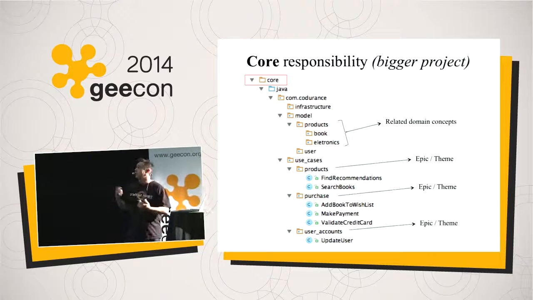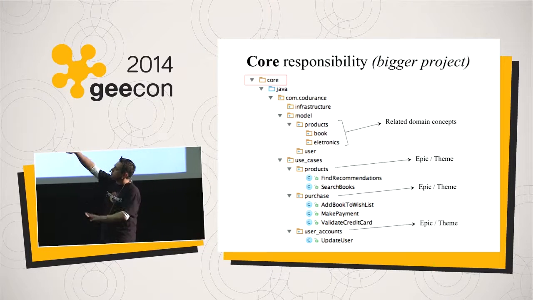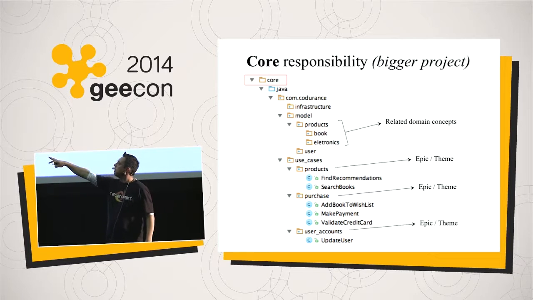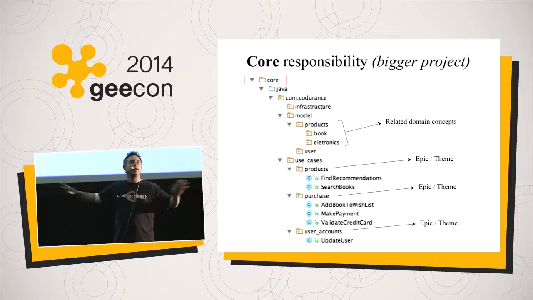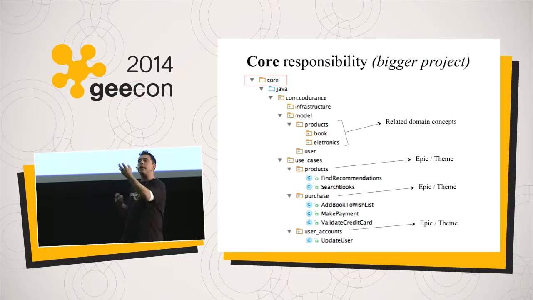As it evolves and gets bigger, then you have more benefits. For example, when it starts getting bigger, then you see some distinctions. For example, in the purchase one I may not have any entities, any domain concept. I have the behavior of buying something, of purchasing something, but I don't have the domain concepts of entities.